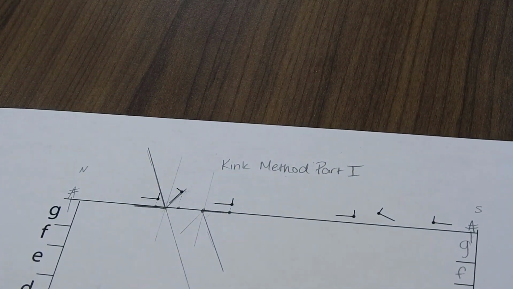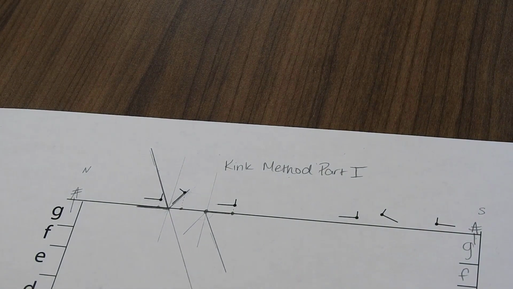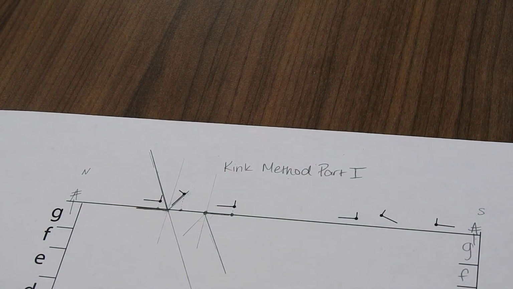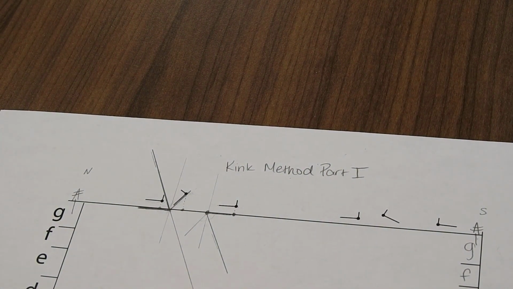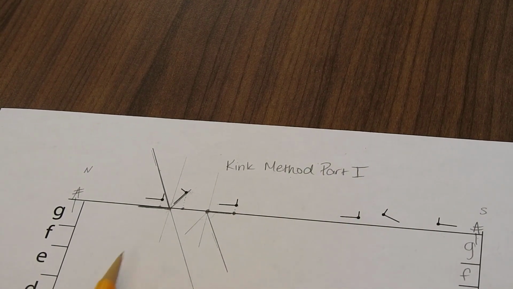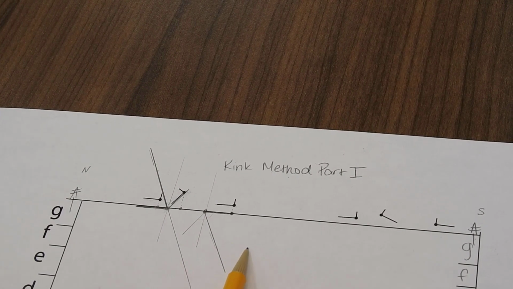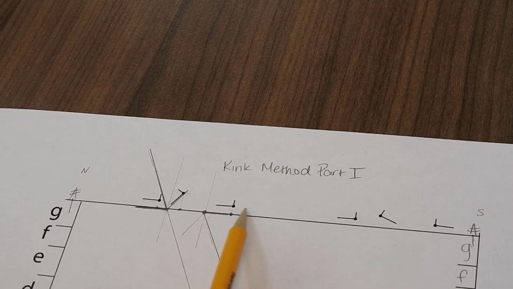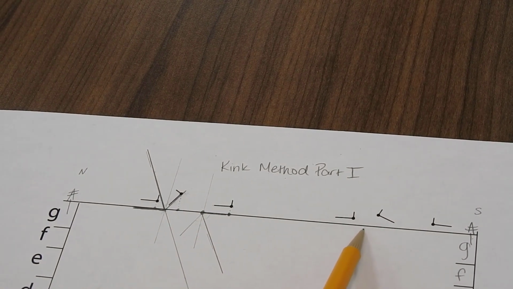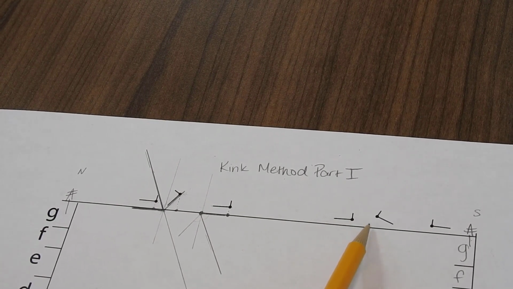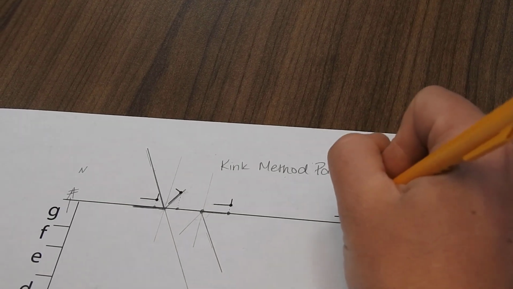Okay. And so now I've got a new zone of dip. Now this is my zone 1, this is my zone 2, and this is my zone 3. Zone 3 continues, but you can see over here that we're going to have a change in dip again. So we're going to repeat this process.